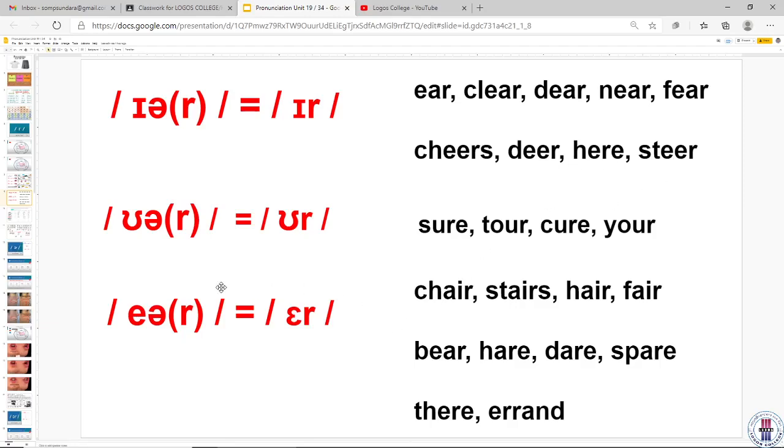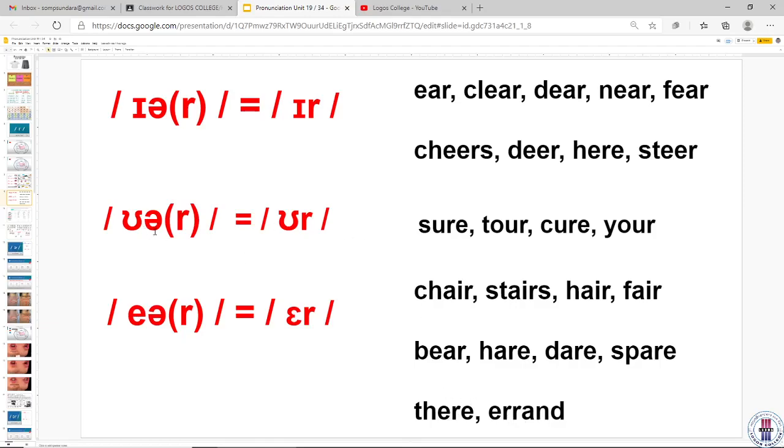Right? Another one down here that you should have already learned is the sound aya. You add the r sound to it, you get the sound air. Sometimes you'll see it like this. Like the words chair, hair, bear, spare, there, errand.